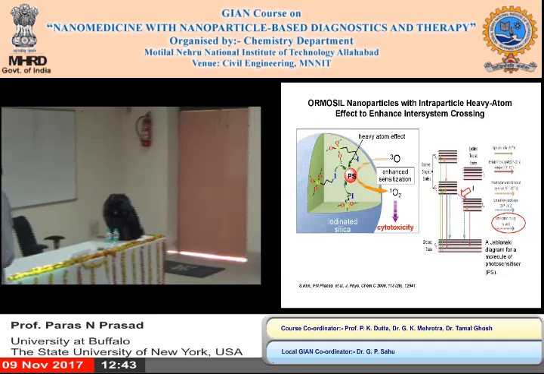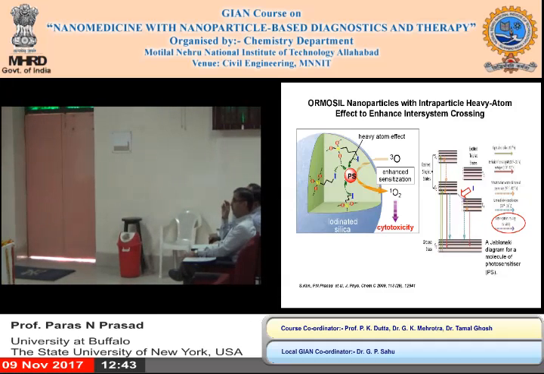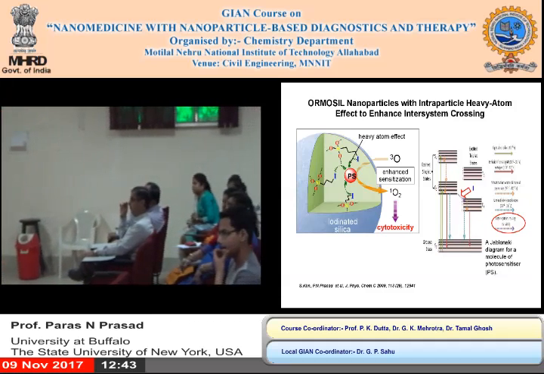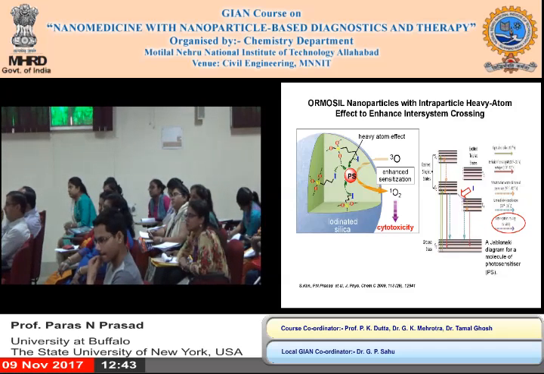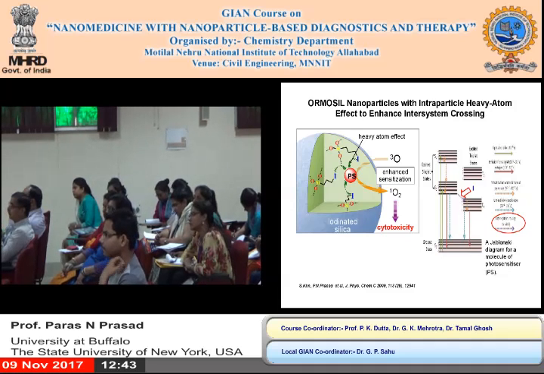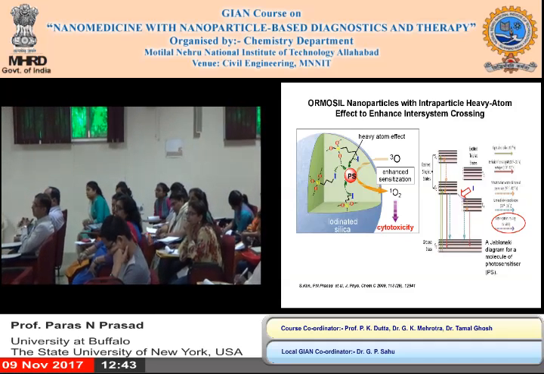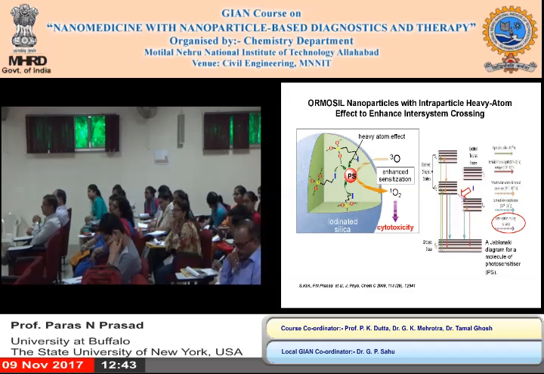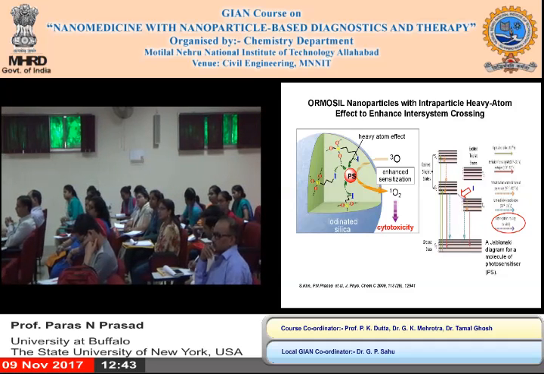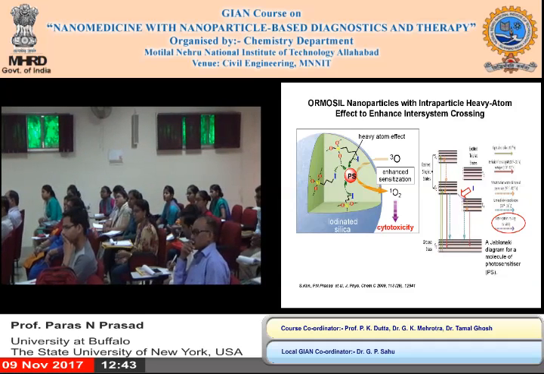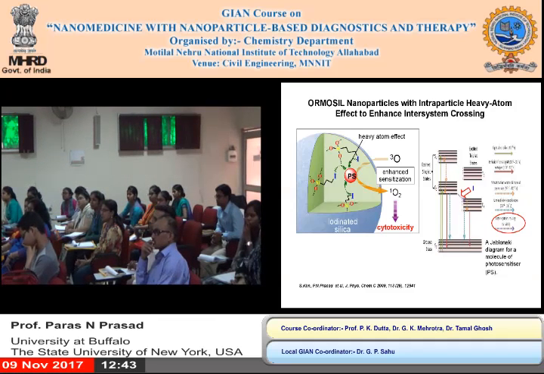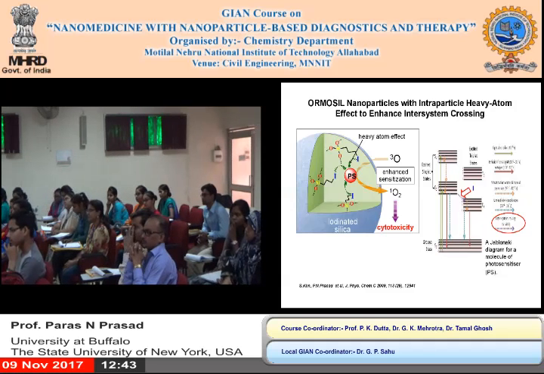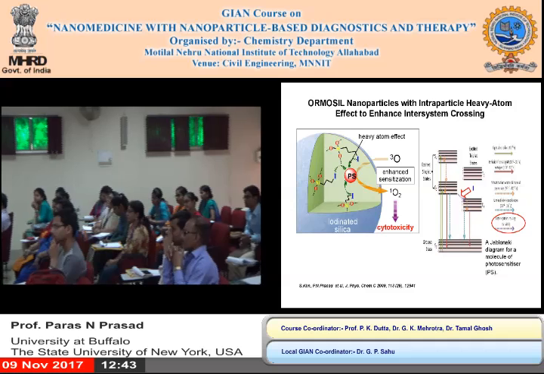Singlet oxygen you can monitor chemically, because it can bleach certain kinds of dye color very readily, and by the bleaching you can see that it is generated. Or you can monitor the emission of singlet to triplet oxygen, the phosphorescence that occurs at 1250 nanometer. By looking at this emission, you can say, yes, singlet oxygen is generated. And then finally, you want to look at cell death: with illumination, how many cells are dying versus without light, how many cells are dying.